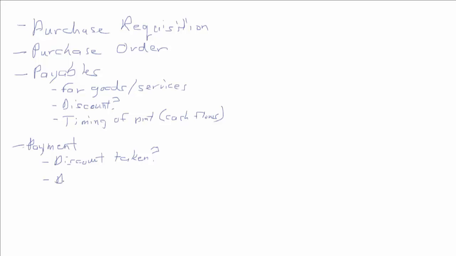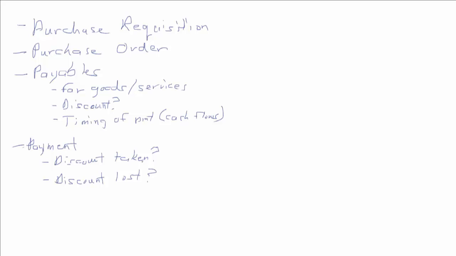And then if they don't take it, then it's a discount lost. So those are two different approaches that can be taken. Generally, a company using the anticipate the discount and record discount loss is using it as a performance measure for purchasing managers.